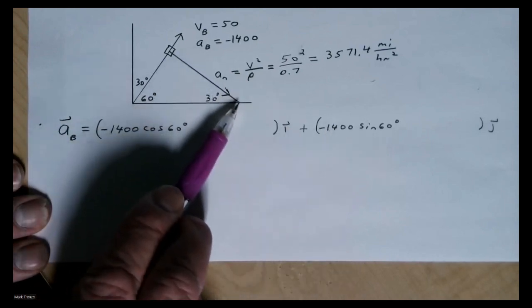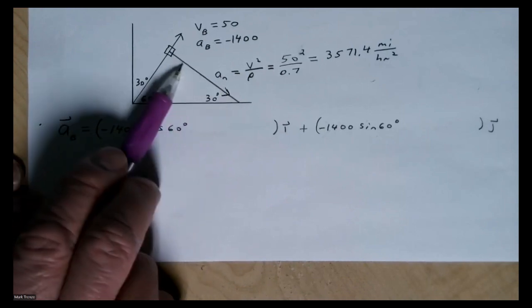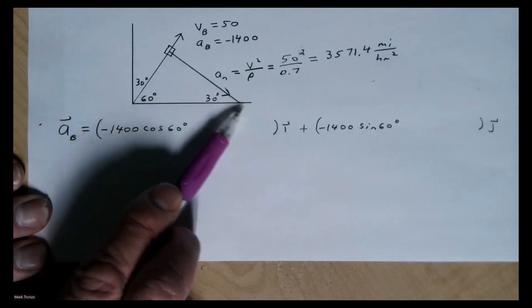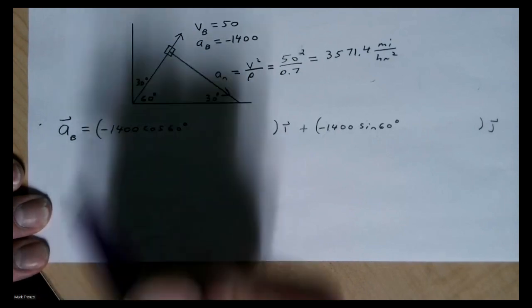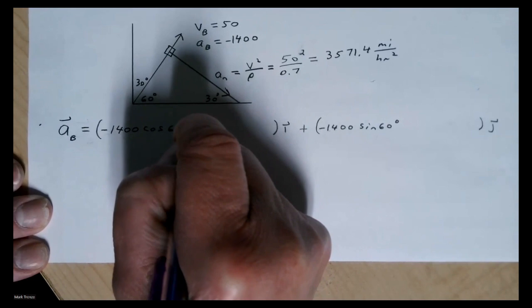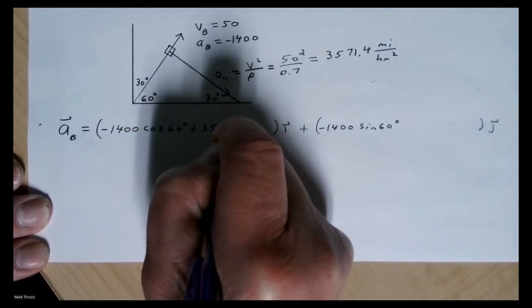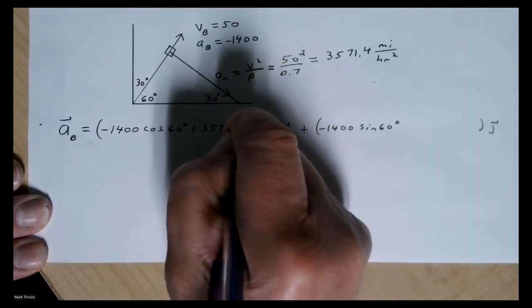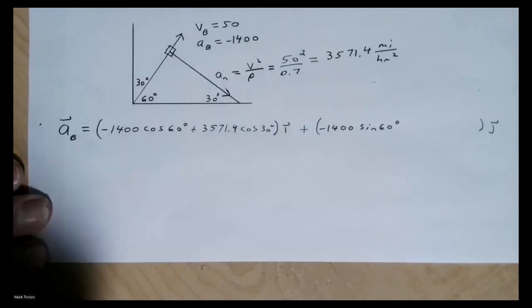Now let's look at this normal acceleration. Again, the x direction, notice it is going in the positive x direction. So once again, we use the adjacent here for the x component. So that'll be 3571.4 cos 30.